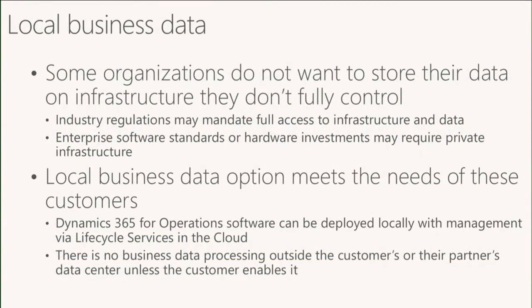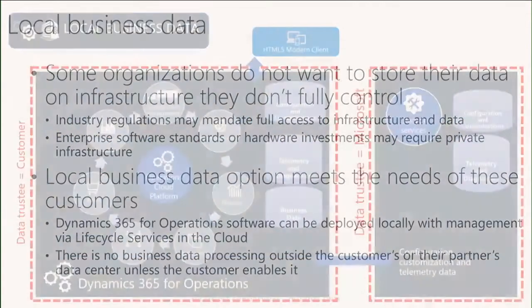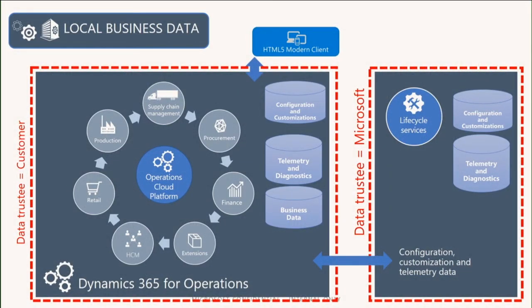So I already mentioned some of the constraints around local business data, but I'll leave it to Sarvani now to go into a lot more detail about that. Sure, thanks. So local business data was one of the biggest requirements from the market for data residency purposes and for places where internet connectivity is not so good. So that was one of the prime reasons why we launched this.